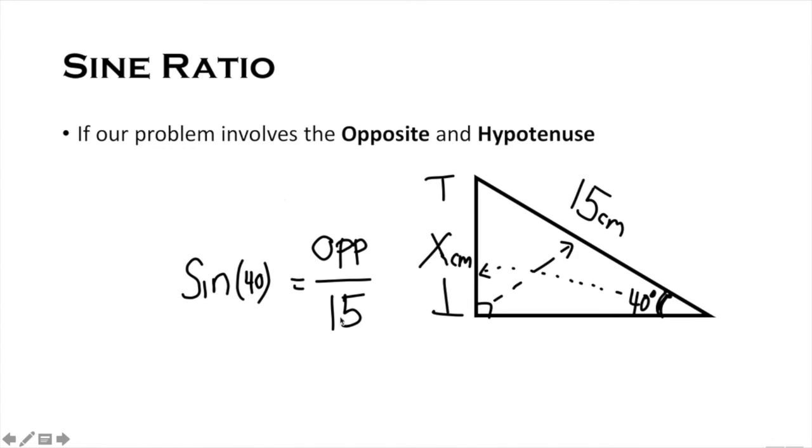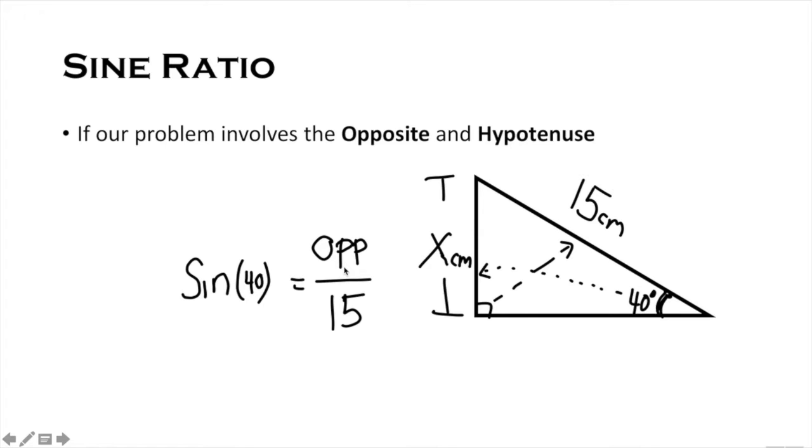So as long as we set up our equation the right way, which is shown right here, we'll have the sine of an angle, and that's going to be equal to the opposite side divided by the hypotenuse side. So if I were to take whatever x equals, it's a mystery at this point.